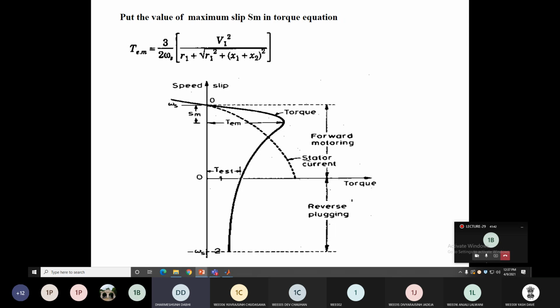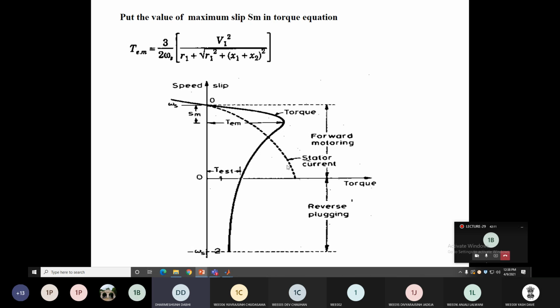When slip is less than Sm, meaning less than the maximum torque slip, the stator current is low. But as you increase the value of slip, the stator current will increase.